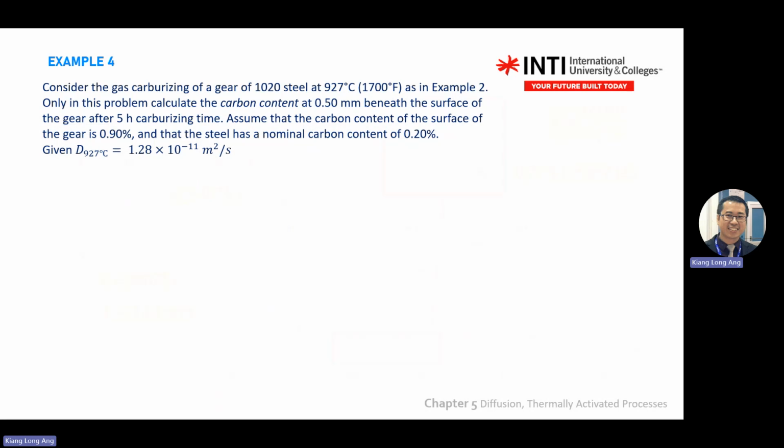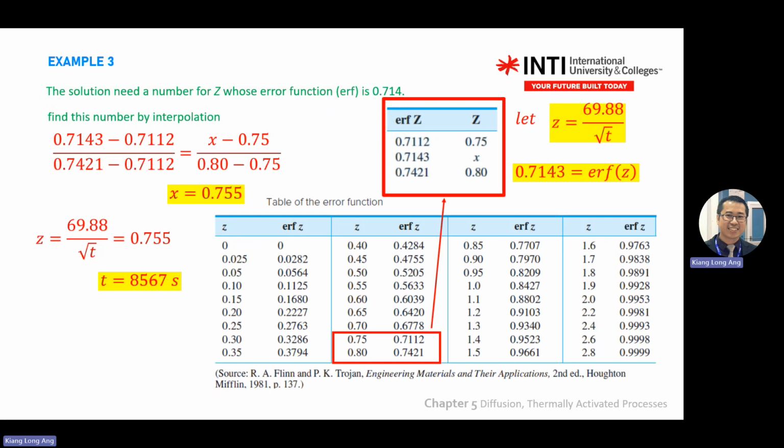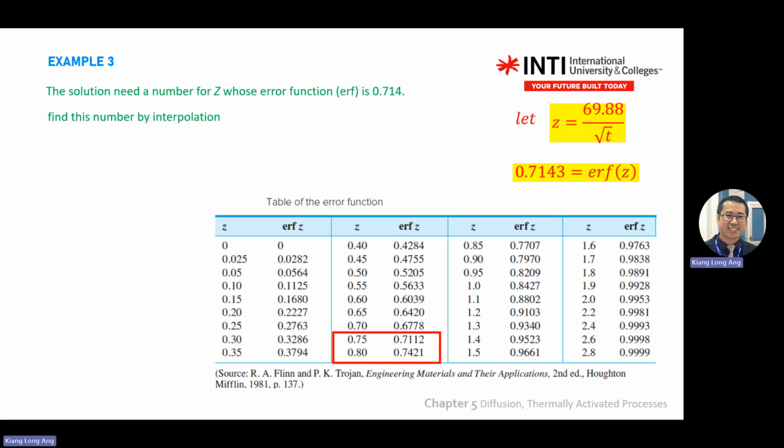Before I go there, I will show you the data. Where is erf 0.5, 0.521? Are you reading this one?